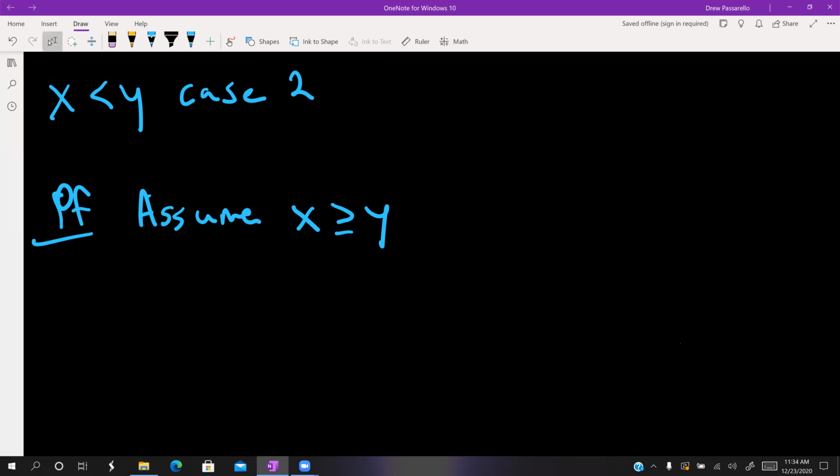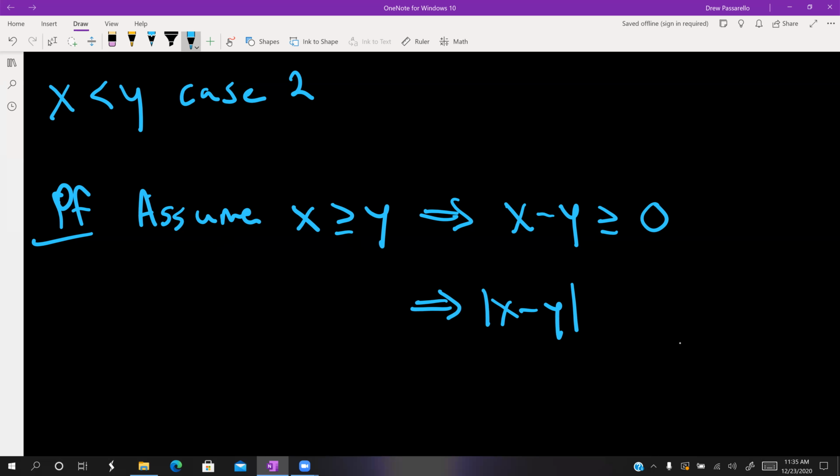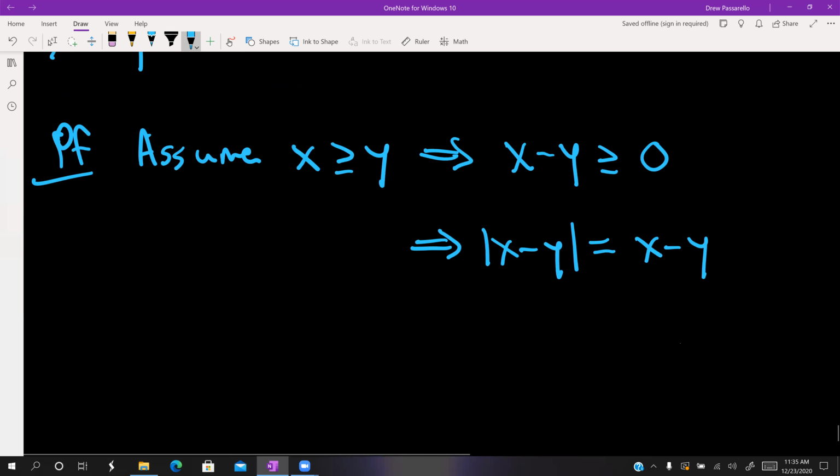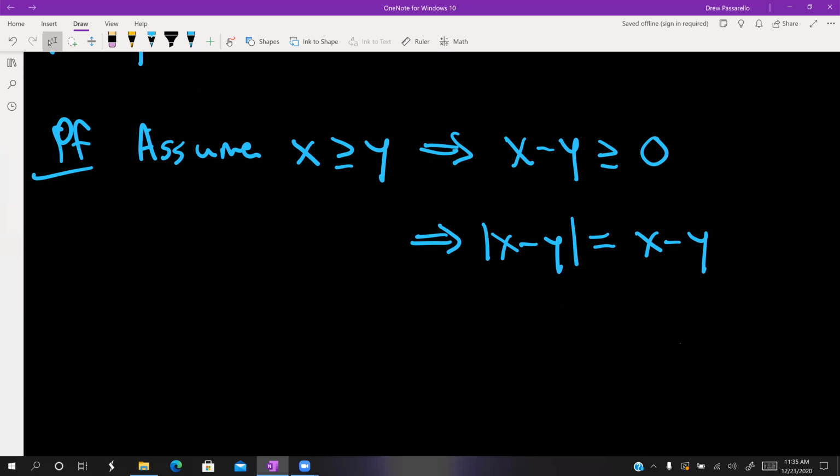Well, if x is greater than or equal to y, then we know x minus y is greater than or equal to 0. And since that's positive or equal to 0, then we know the absolute value of x minus y is equal to x minus y. And we know the absolute value of y minus x is the same as the absolute value of x minus y.